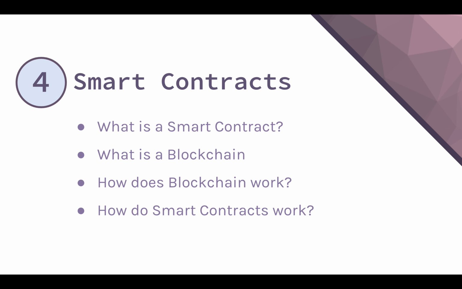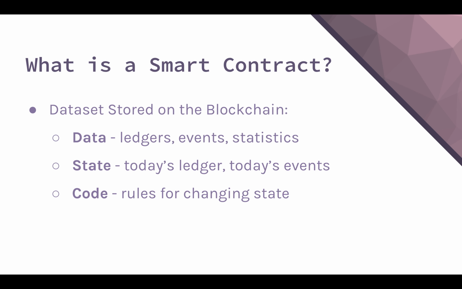Smart contracts. What is a smart contract? What is a blockchain? How does the blockchain work? And how do smart contracts work? So what is a smart contract? I like to think of a smart contract as an interpreted program that lives on top of a blockchain. This data is stored on the blockchain, and it can process many things.